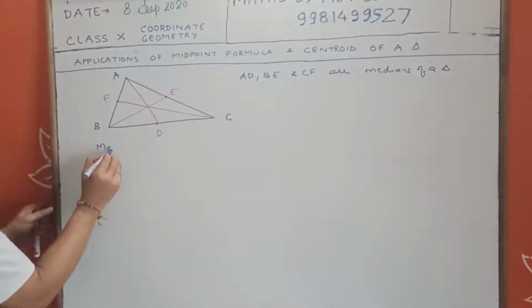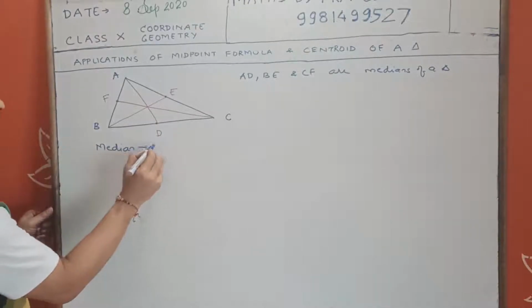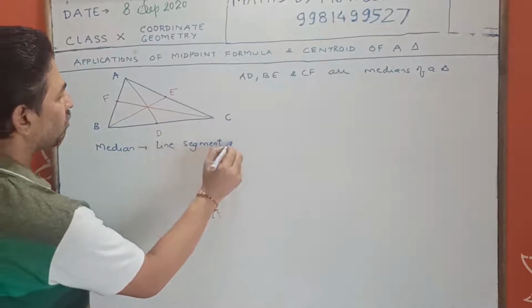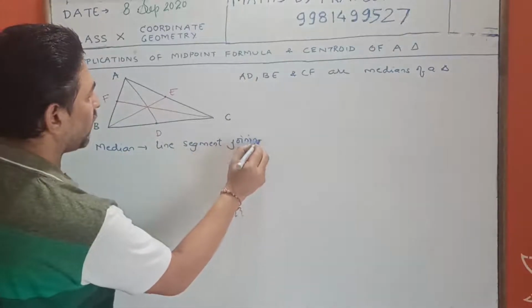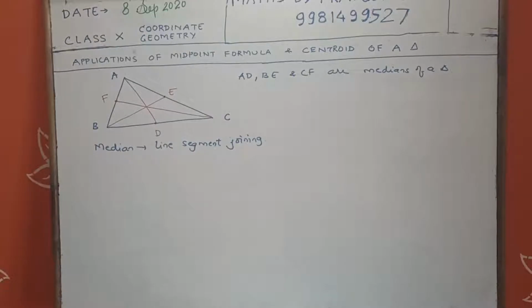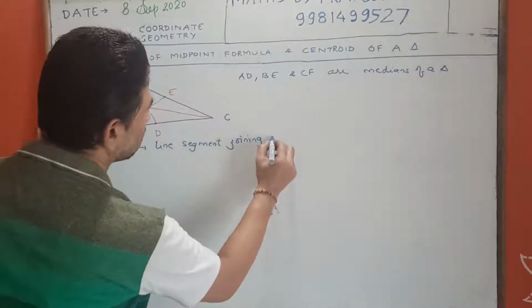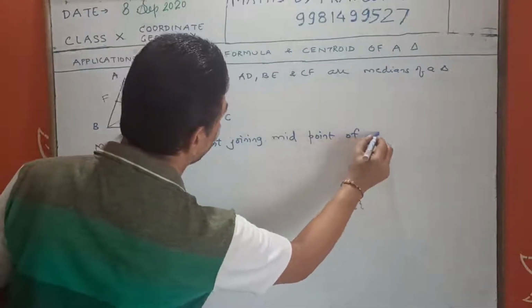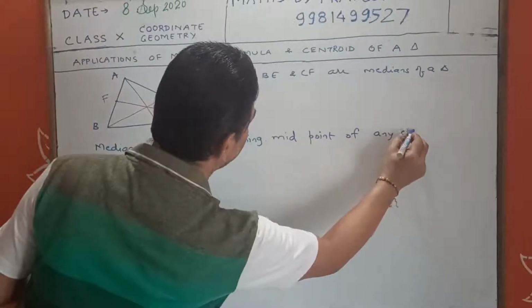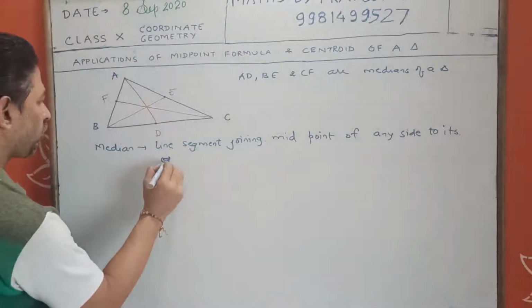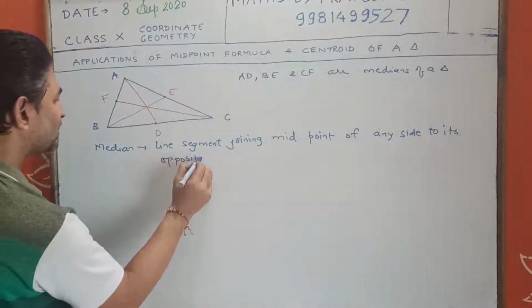We have discussed earlier also, median is a line segment joining midpoint of any side to its opposite vertex.